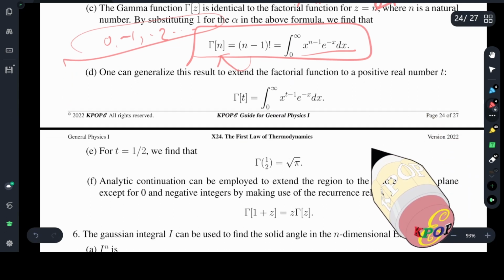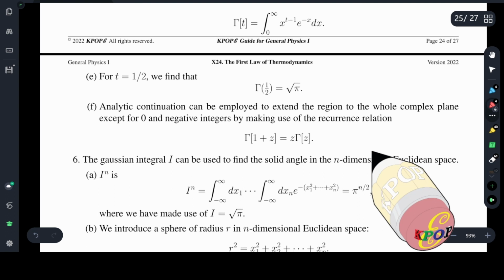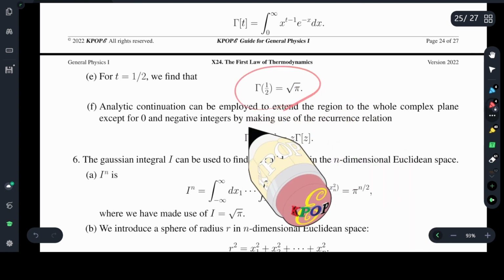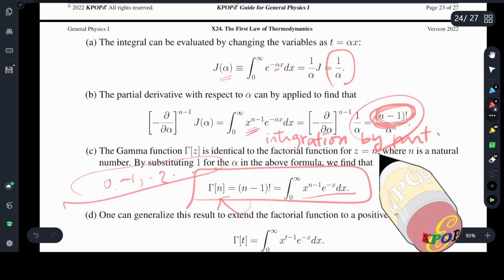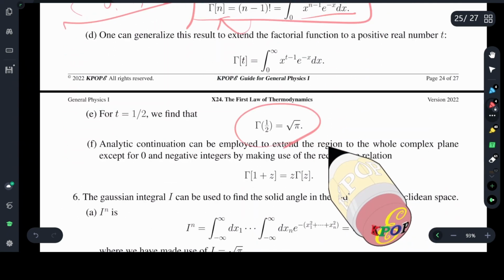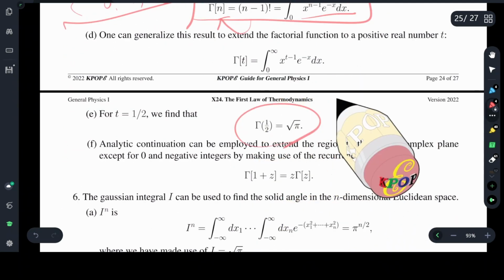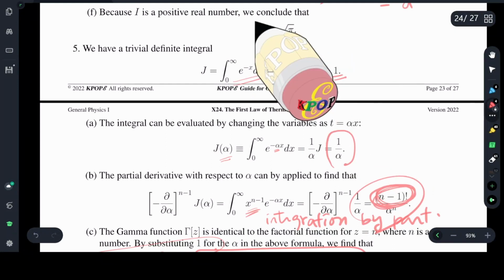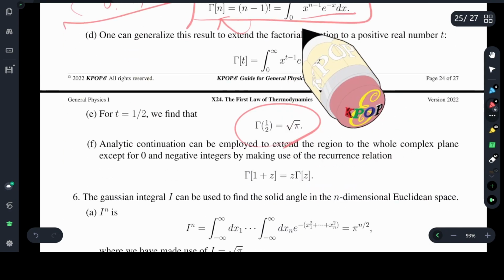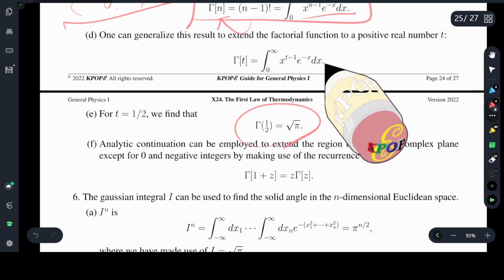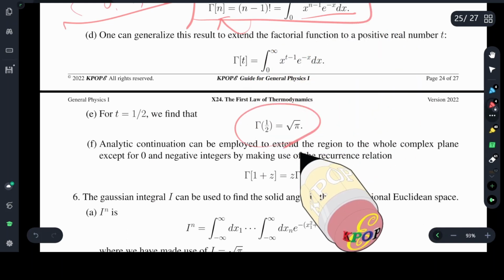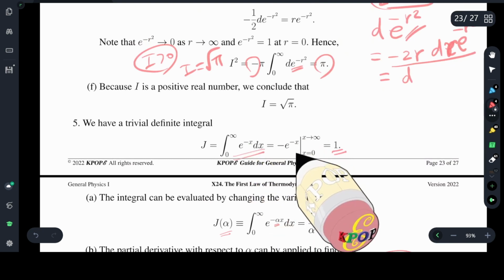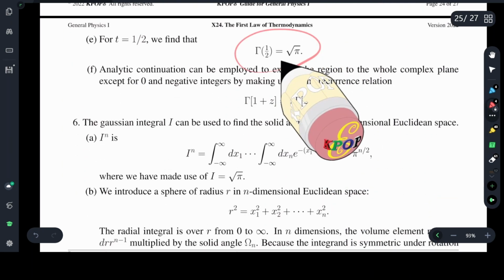And using this way, we can evaluate this integral, just to do it yourself. It is the square root of pi, you know this. You can transform this one. If we substitute 1/2, this integral is exactly the same as the Gaussian integral. So the answer is the square root of pi.